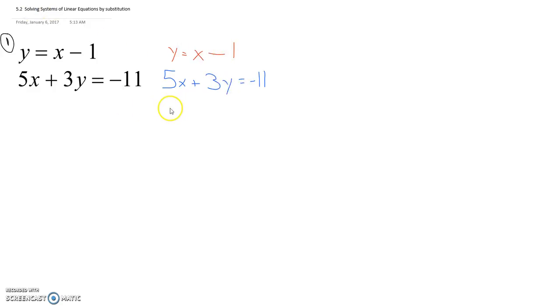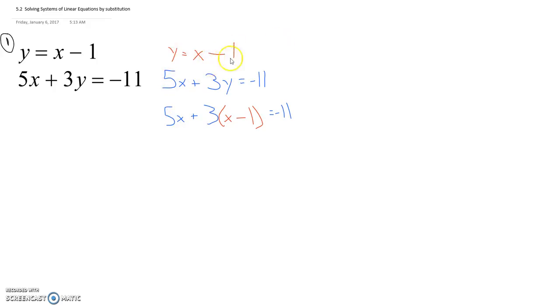The way that's going to look is I will have 5x plus 3, and then right there where the y is, I'm going to change it to x minus 1, and then we'll finish it up with the negative 11. Now what we've done is we started off with this red equation that has two different variables.